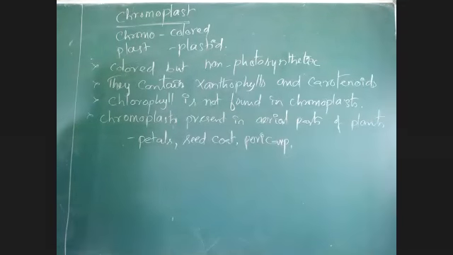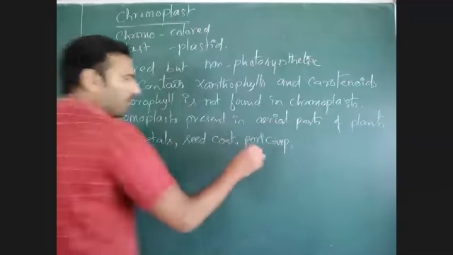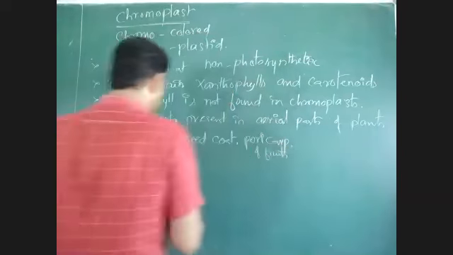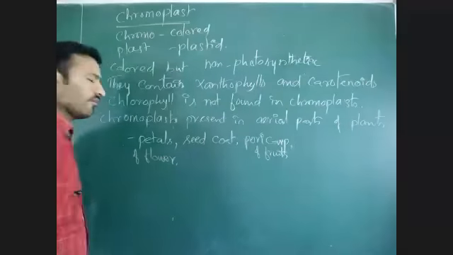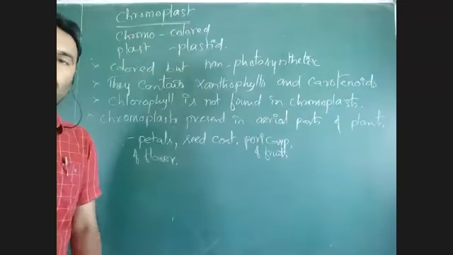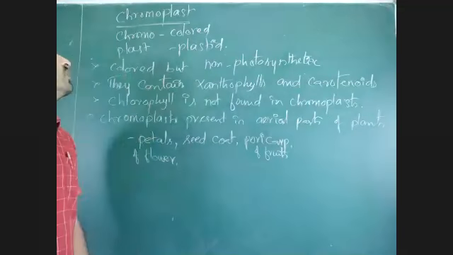So petals of flowers, seed coat, pericarp of fruits, even some tubers may have this chromoplast.